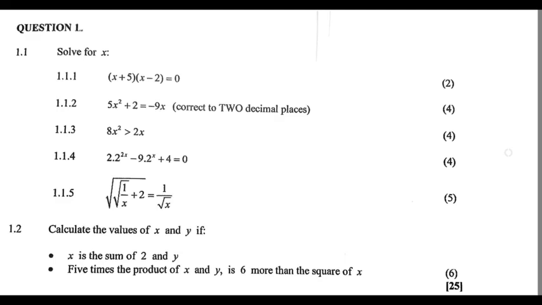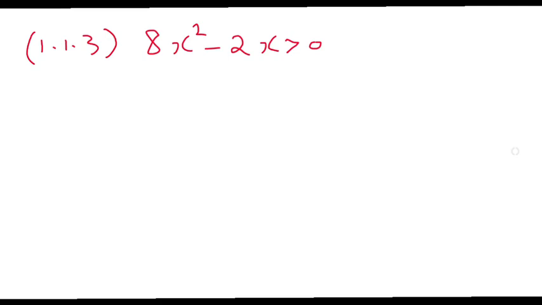Third question, 8x squared greater than 2x, an inequality question. 1.1.3, rearrange the inequality. I switch positive 2x over to the left hand side, and it becomes negative 2x, so 8x squared minus 2x greater than 0. Now solve for x here. The 2x is common and we're left with 2x times 4x minus 1 greater than 0.